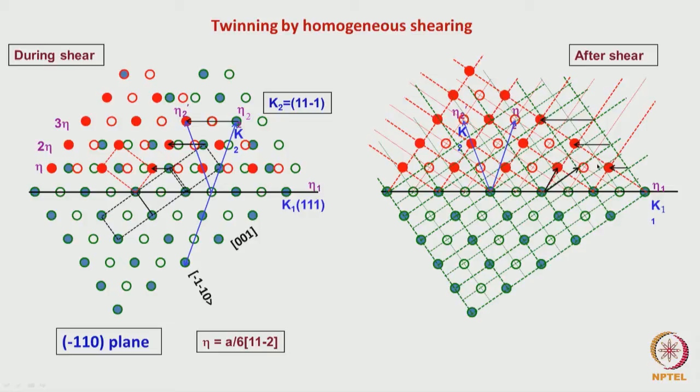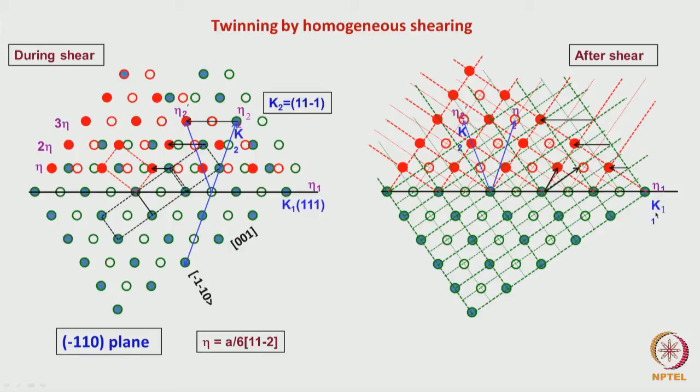Now that the transformation has taken place, we can see that these two are twin related. Essentially this vector, from here to here, has been transformed to another identical position. This is the vector which is rotated but not distorted, correct.